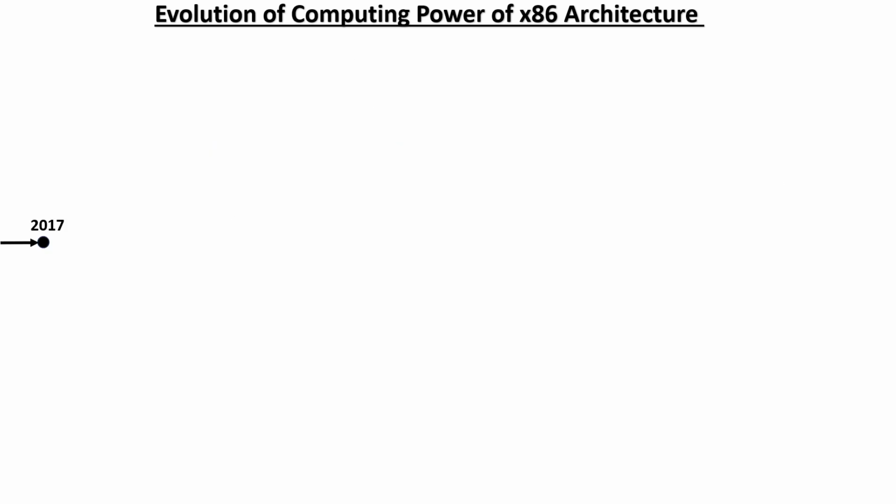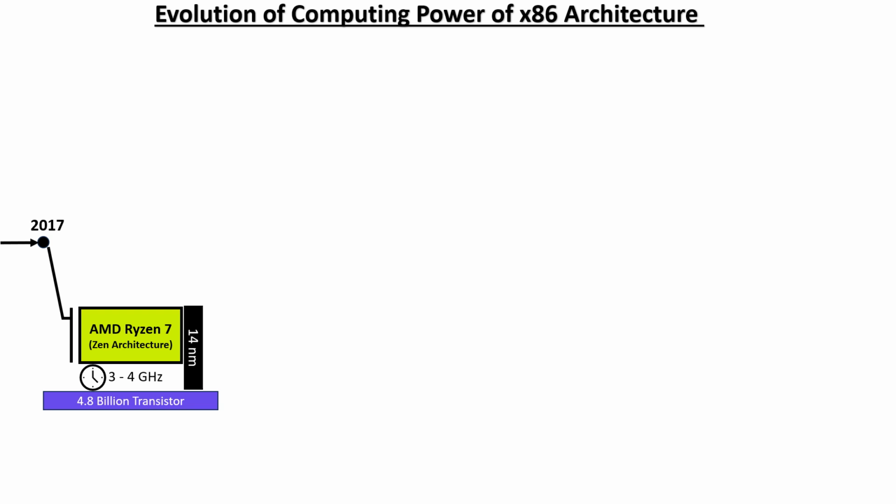Later, in 2017, AMD came up with the Ryzen 7 with the Zen architecture, and the clock speed improved to 4 gigahertz, with 4.8 billion transistors and working space of around 14 nanometers.